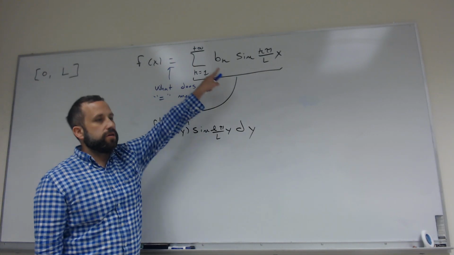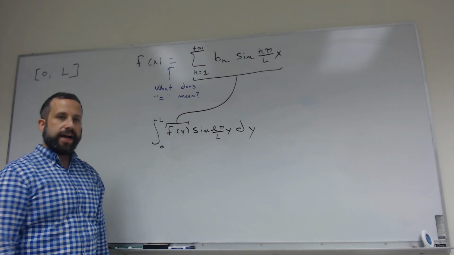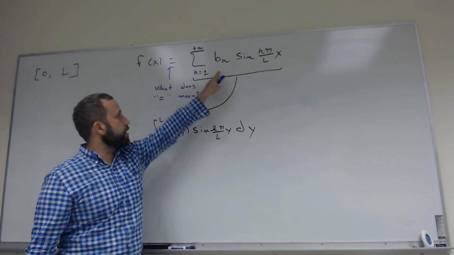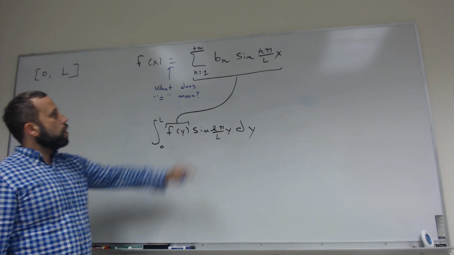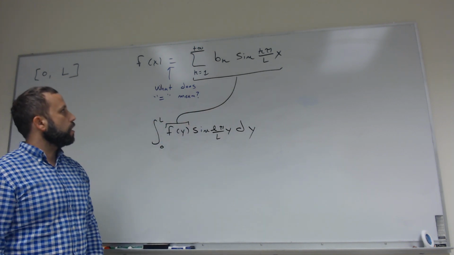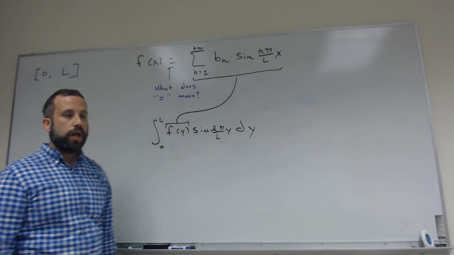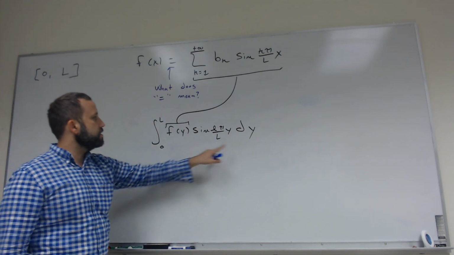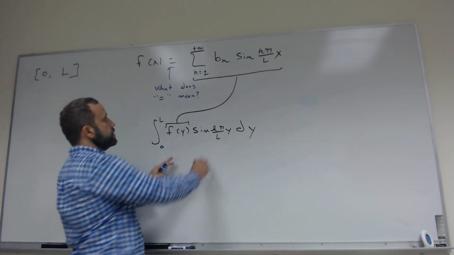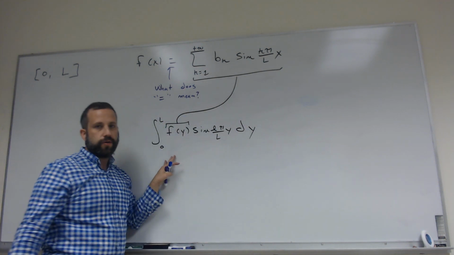Now, if this is true as a pointwise equality for every value of x, then we can definitely go from here to here. On the other hand, what if the only place where this pointwise equality fails is at the points 0 and L? In that case, this integral is still the same if we replace f of y with its series.